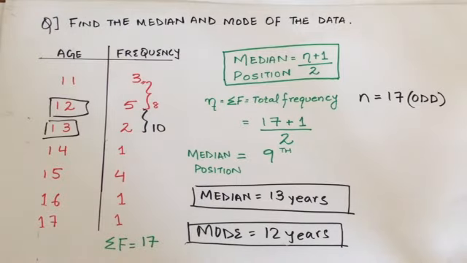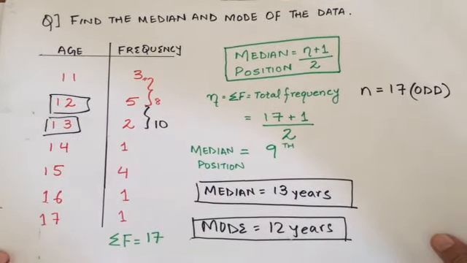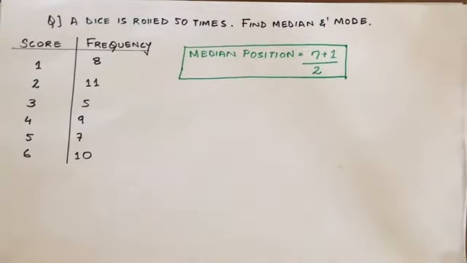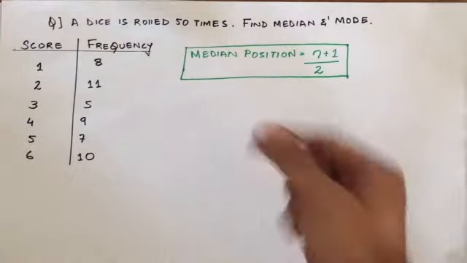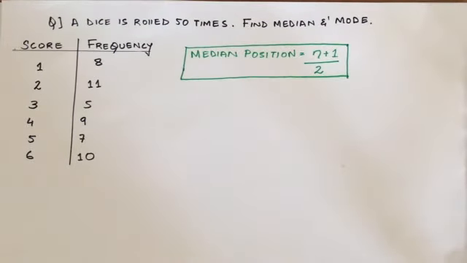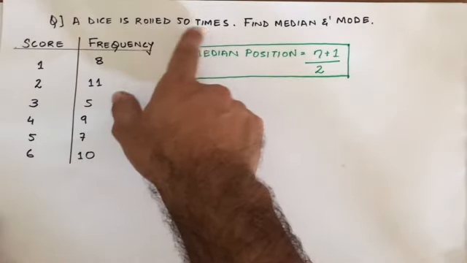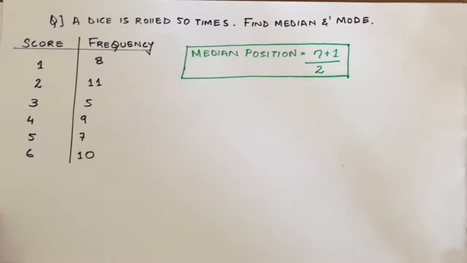Alright, moving on to the next question that deals with an even number of frequencies. So first of all, you need n, that is the total frequency. Or you could see it in the question, the dice is rolled 50 times, so that obviously would add up to 50.